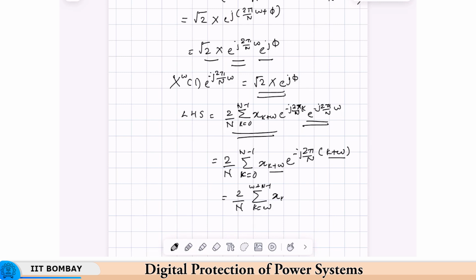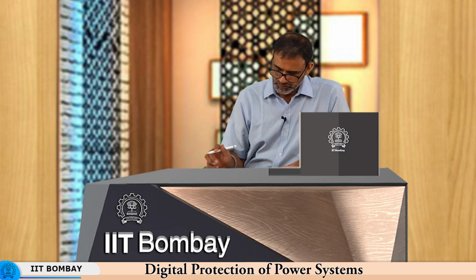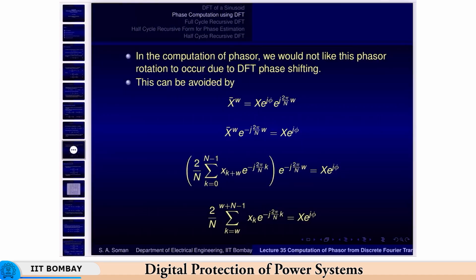Okay, and then this can be simply x k. Okay. So, with this change of index, we have got rid of the phasor rotation. Okay. So, this is what we get, back to the slides here.